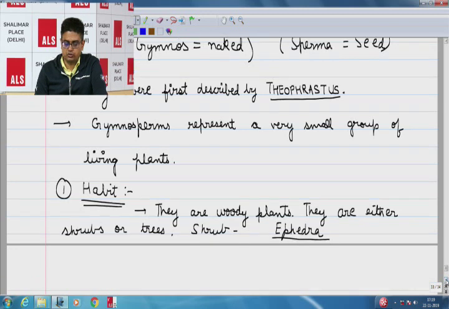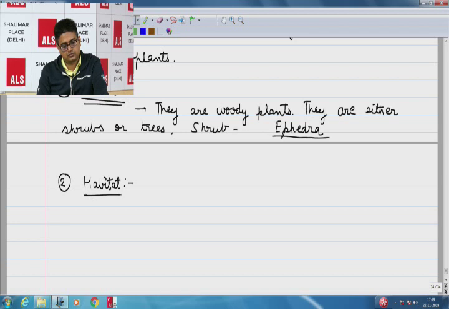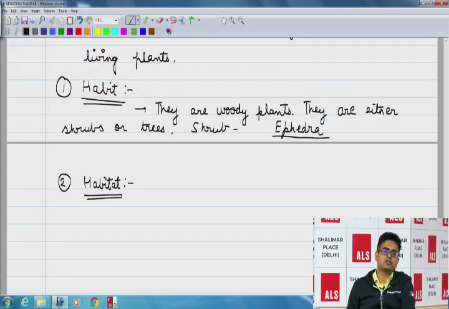They're either shrubs or trees. Habitat. All the gymnosperms basically dominate the cold landscape regions of the world.